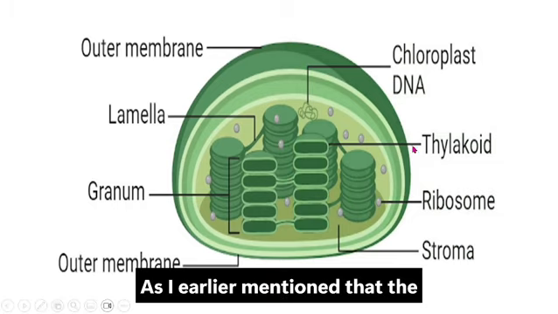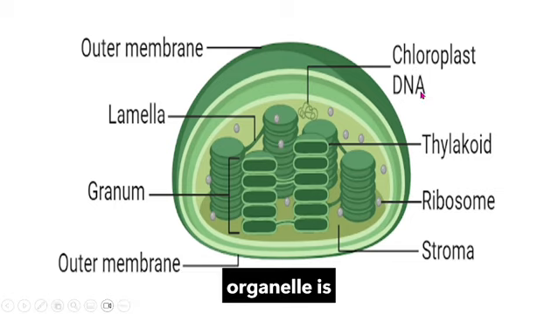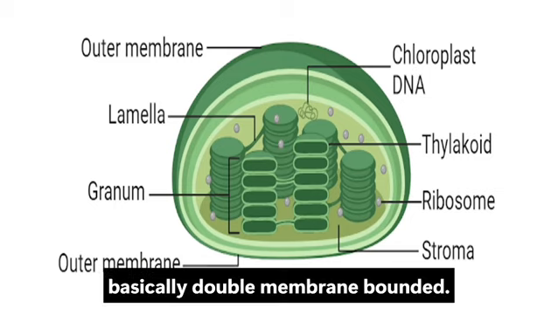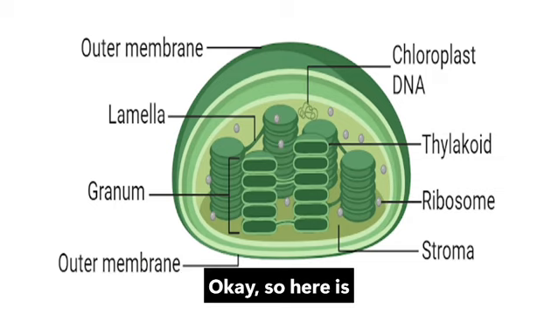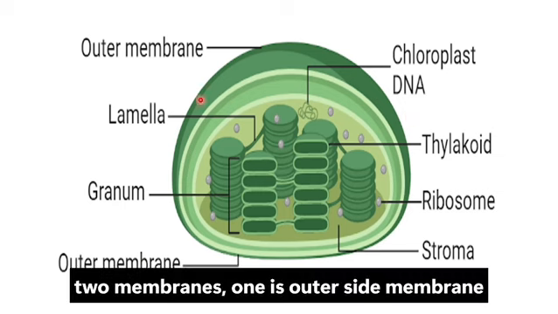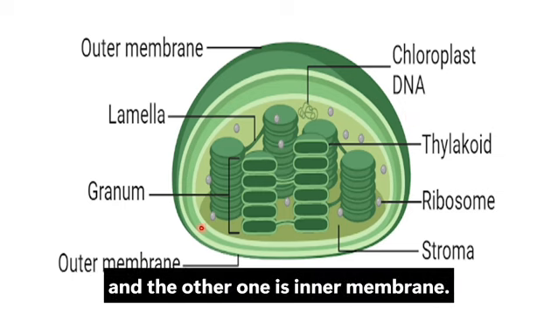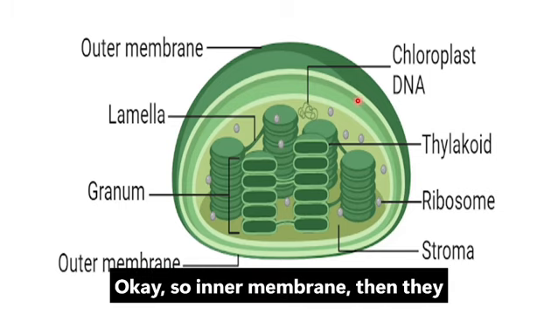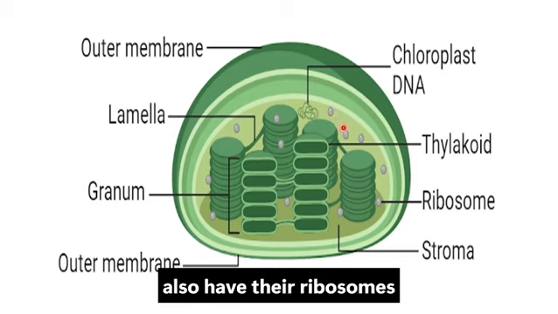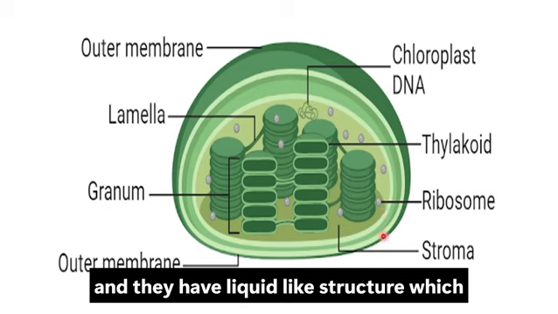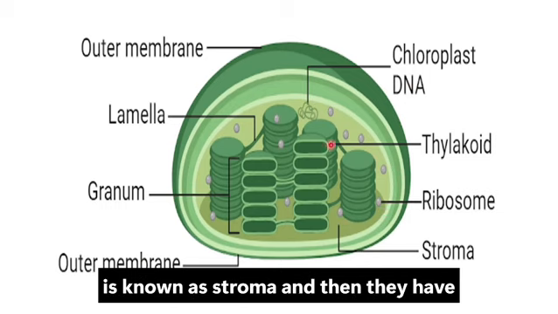As I earlier mentioned, the organelle is double membrane bound. So here are two membranes, one is the outer membrane and the other one is the inner membrane. Then they have their own DNA and ribosomes, and a liquid-like structure known as stroma.